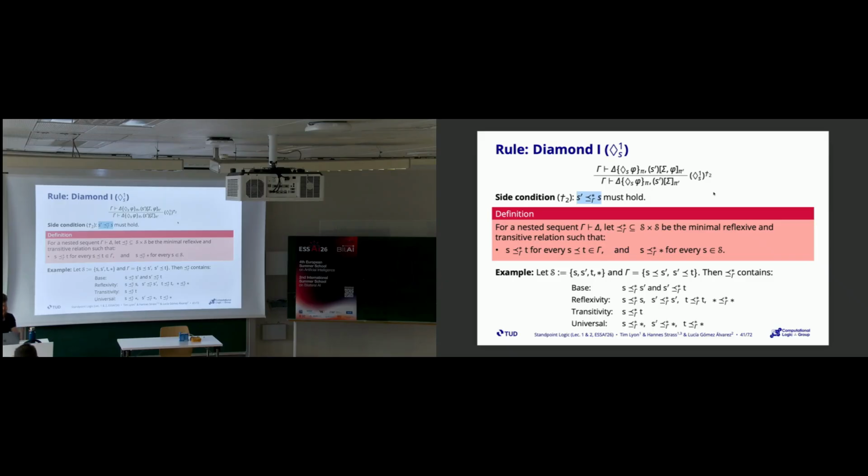And what this relation does is it essentially computes all of the sharpening statements that hold between standpoints based off of the information in the antecedent of the nested sequent. And the way it does this computation is explained here in this definition. So I'm going to refer to this as the antecedent relation. And this antecedent relation, which serves as a side condition in this rule, is a binary relation over our set of standpoints.